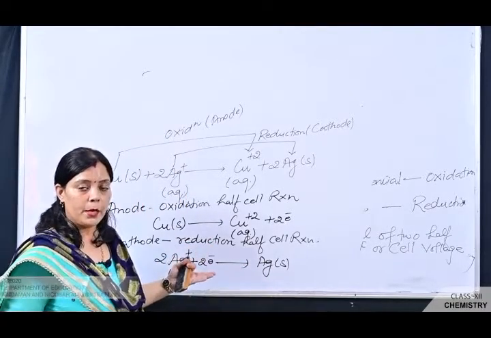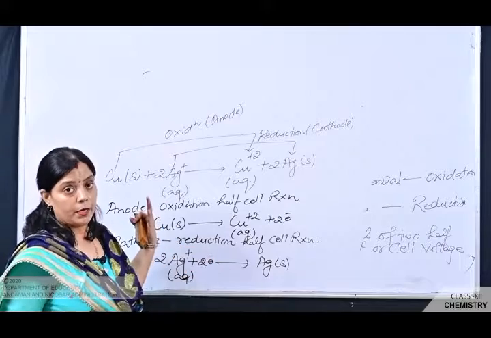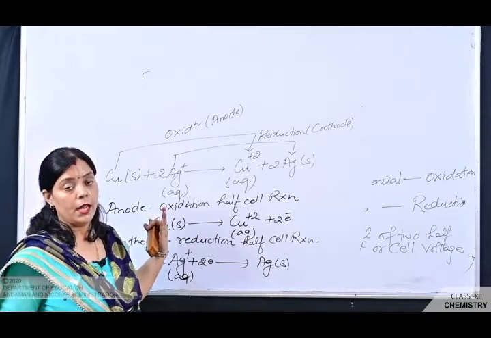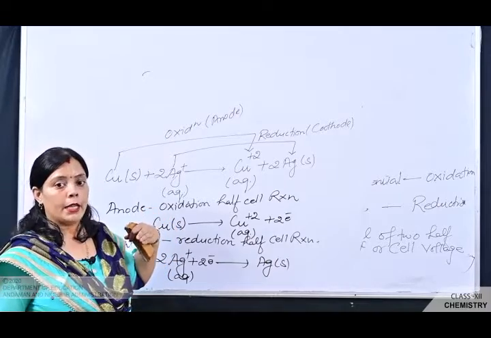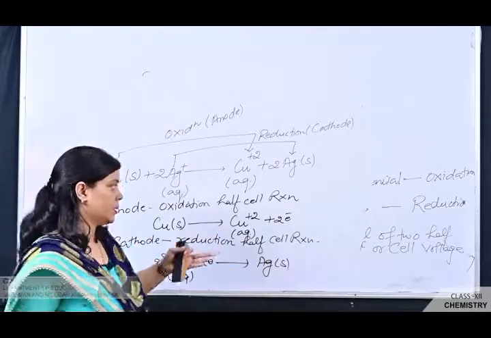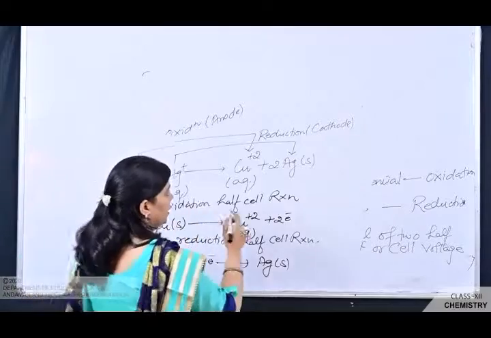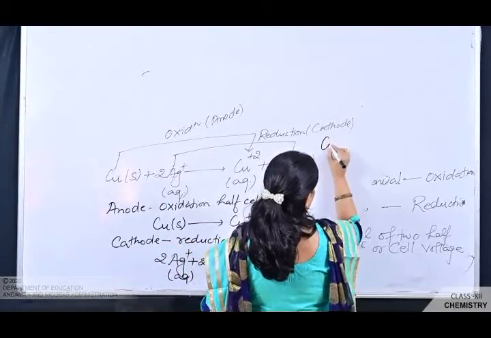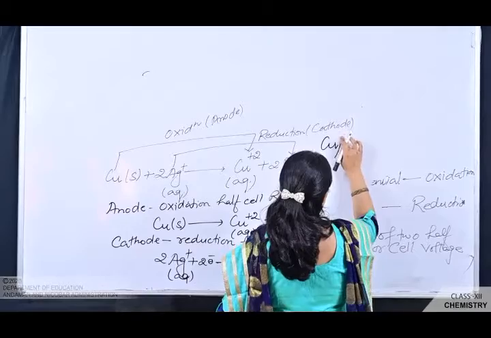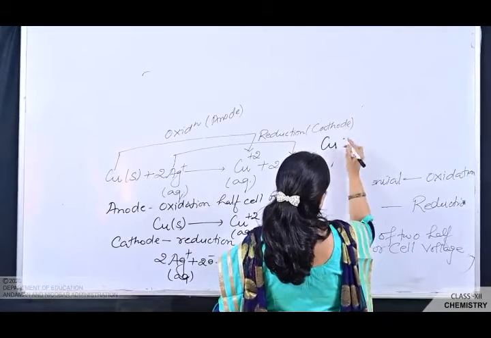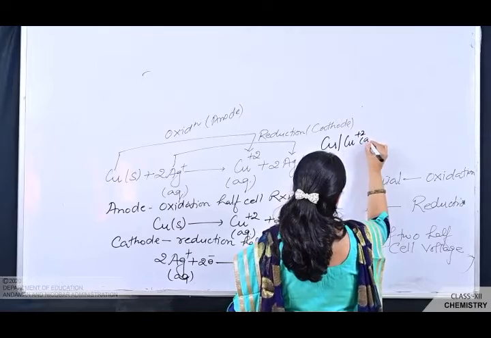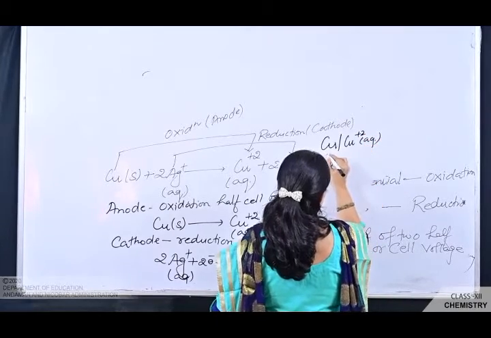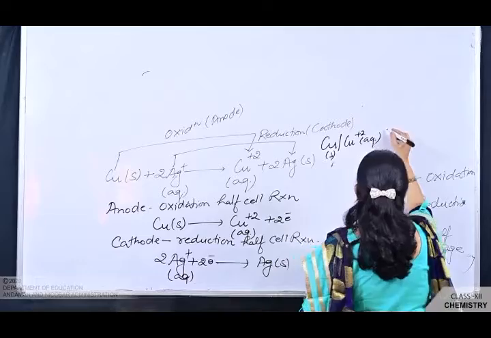So this cell can be represented using the same representation as in the case of a galvanic cell, that is, the anodic reactions are written on the left hand side and the cathodic reactions are written on the right hand side. So here the anodic reaction is Cu solid converted into Cu2+ aqueous.